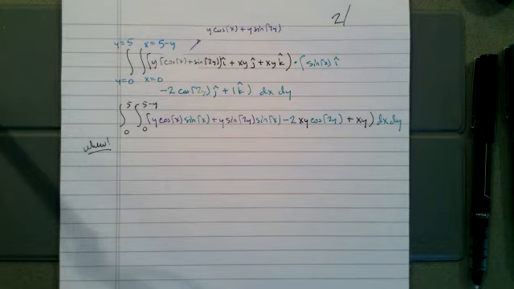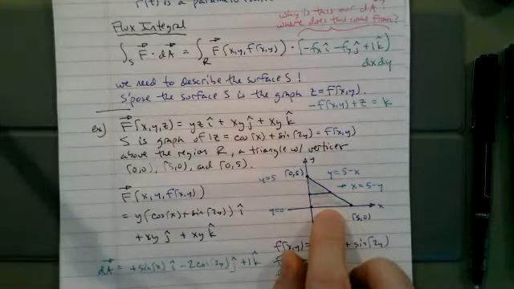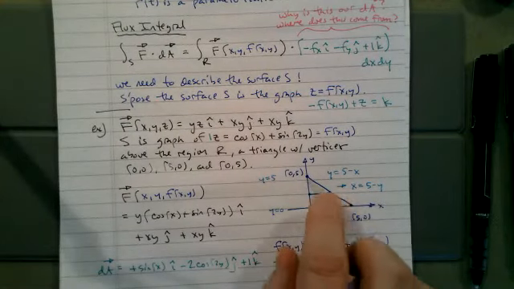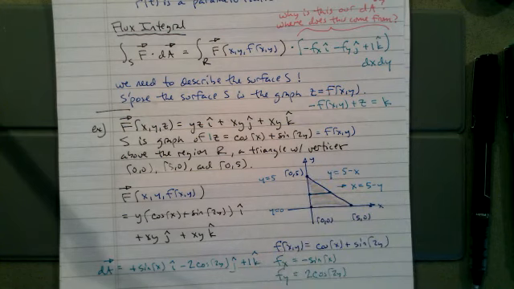If we look at cosine x plus sine of 2y, as we expect, it's just a bunch of peaks and valleys. Everything's all nice and orderly with the cosine x and the sine of 2y. What we're looking at is essentially a piece of one of those hills. So we're looking at this triangle, and above this triangle, it looks like we're going to have a couple of hills and then a couple of valleys.